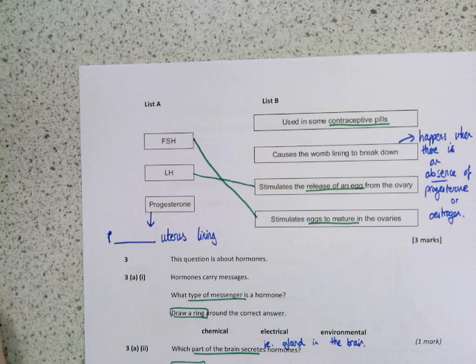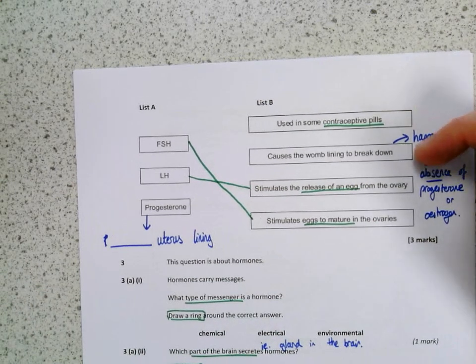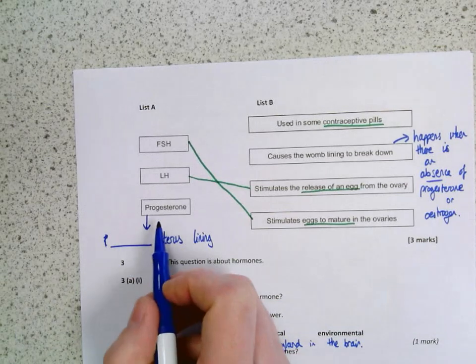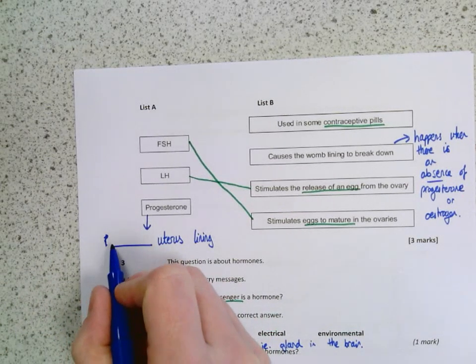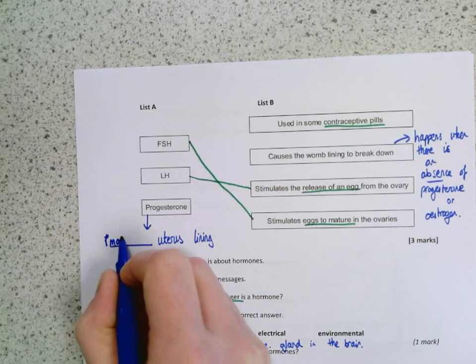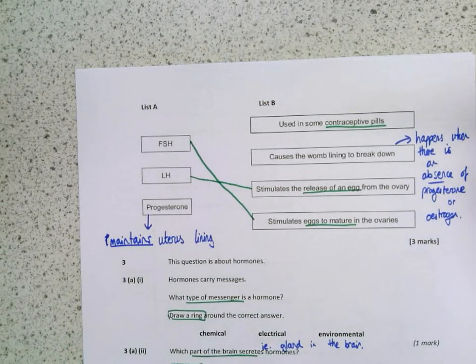Progesterone is slightly trickier. We've got two options of what progesterone might do. It might be used in contraceptive pills and it might cause the womb lining to break down. First of all, just think, okay, what am I sure about? I know that progesterone does what to the uterus lining? There should be a word springing to mind. We've taught you progesterone maintains the uterus lining. So you've then got to use that information and think, okay, which one of these is it?